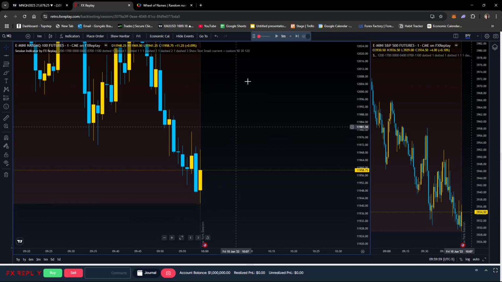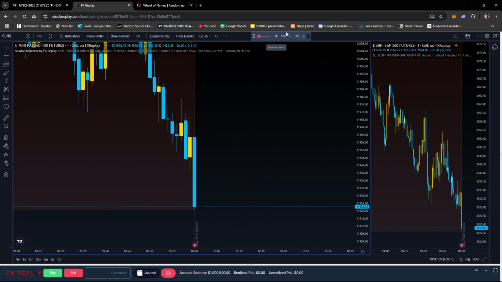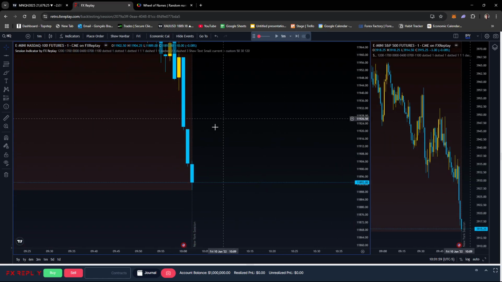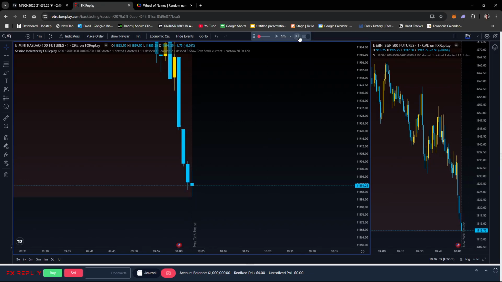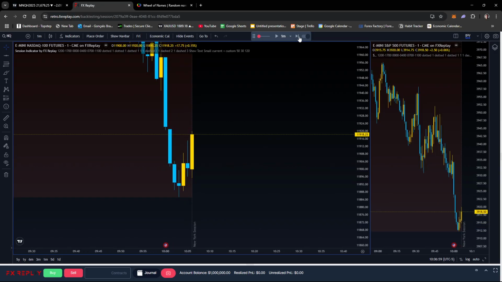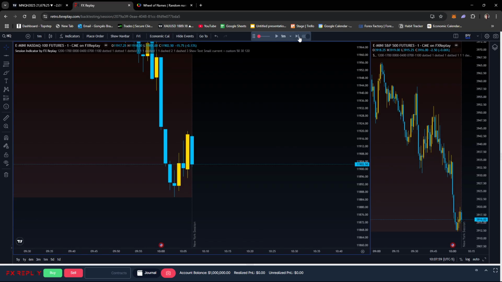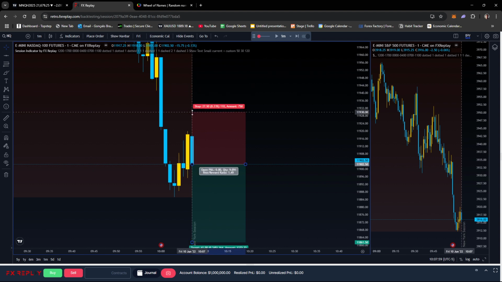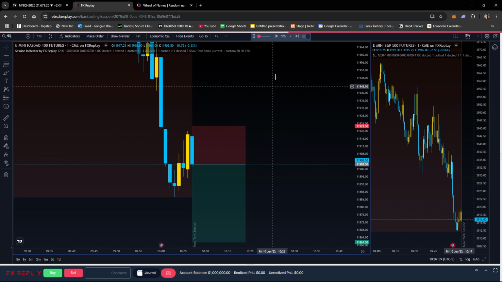And I want to wait for this to close anyway. Yeah. Red folder. Wow. Strong displacements. Okay. Final trades. Just looks very, very bearish to me.